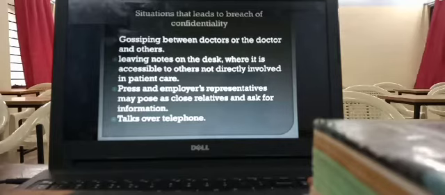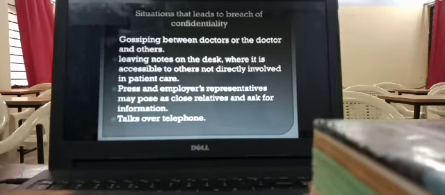Sometimes they leave the patient's important confidential information on the desk where others can easily access the medical information. Thirdly, press and employers, relatives.